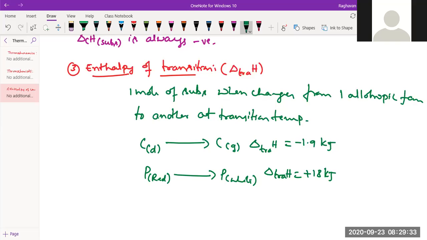Red phosphorus, because the transition is endothermic. The enthalpy content of red phosphorus is low when compared to white. So what would happen when white phosphorus is exposed to air? It catches fire. That's why white phosphorus should never be exposed to the air.